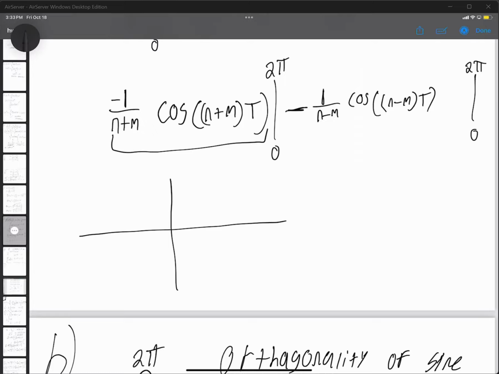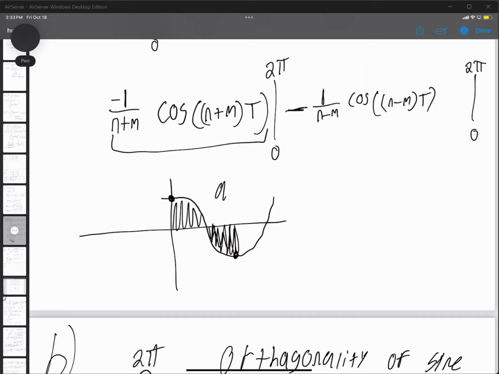So if we go from 0 to 2 pi, let's say this is 2 pi, the area here and here cancels out. Set it equal to 0.